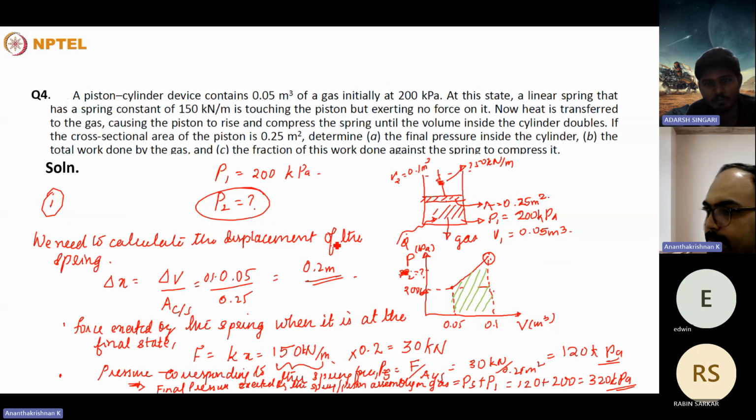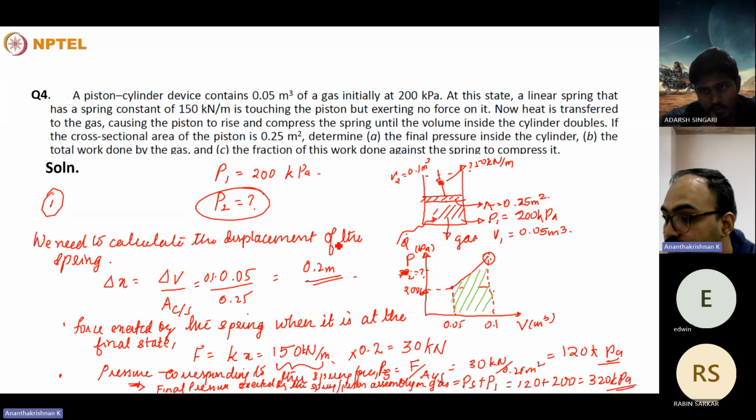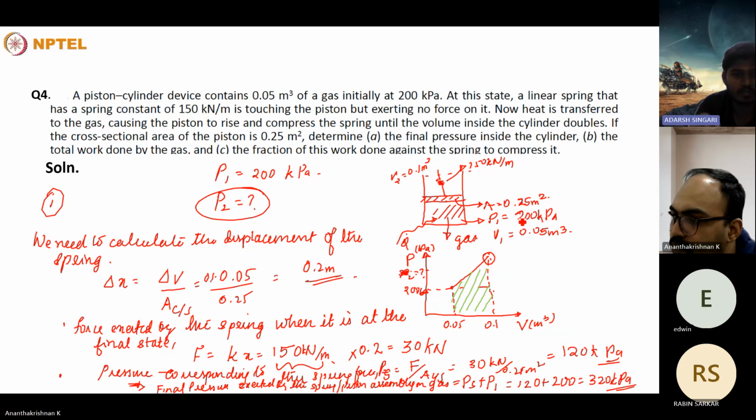Can we say the isobaric work done is around 10 kilojoule? Yeah, a constant pressure will be this one, 200 multiplied by this change, V2 minus V1. Yeah, I can say that. Totally 13, and spring compression takes 3 kilojoule, then the remaining is 10.